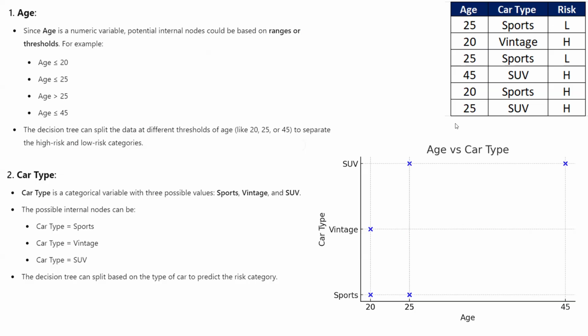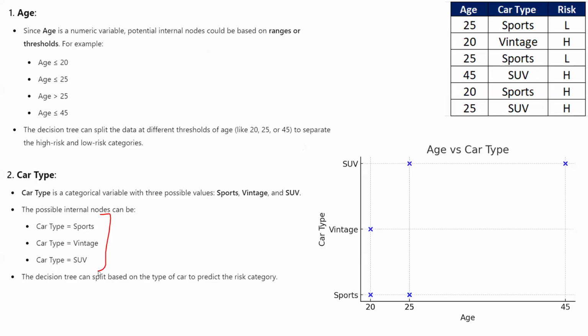For the categorical variables, construct all the possible combinations and keep only the combinations that capture the whole data. For sports, vintage, and SUV, we have constructed almost 7 combinations. Out of that, most of them are redundant. Combinations of 2 and 3 are redundant. Only the combinations of these 3 are kept. So we will come up with all these internal nodes.